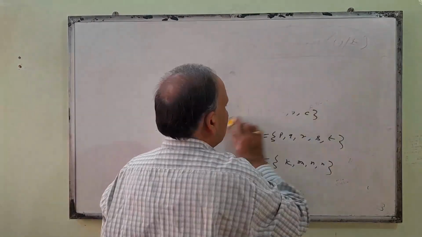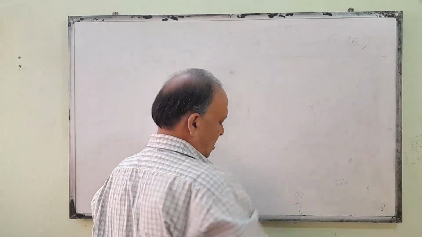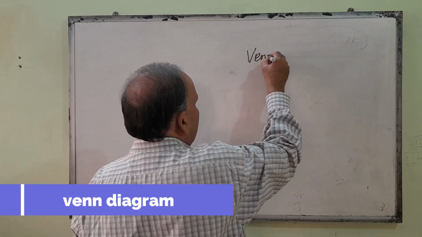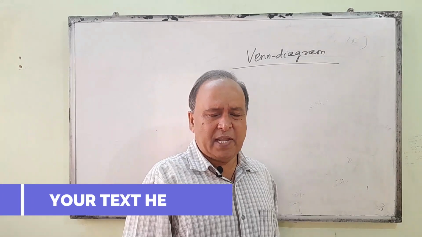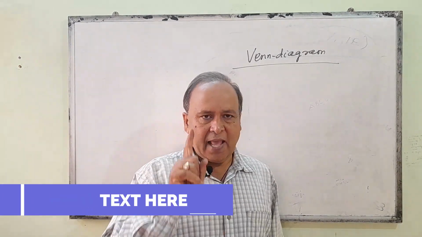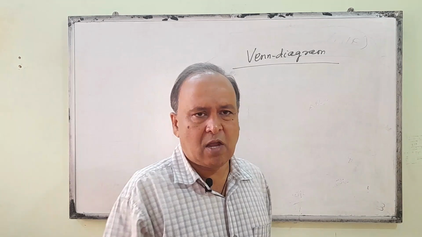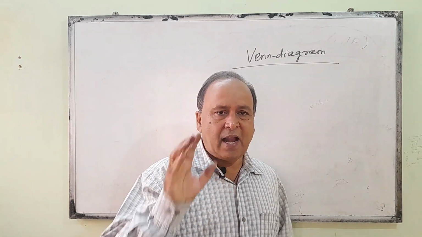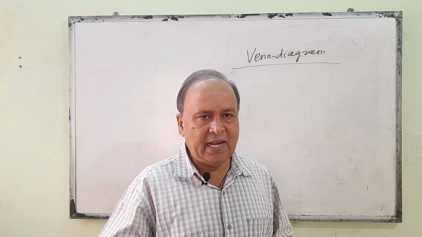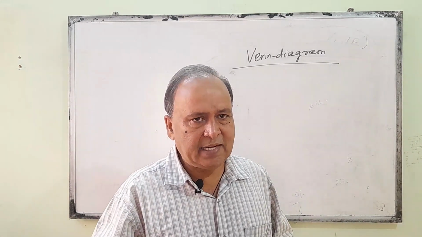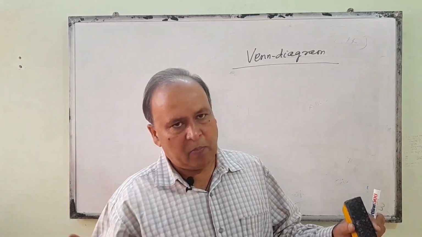Next, after universal set, we consider what is a Venn diagram. What is a Venn diagram? The diagrammatic representation of sets, subsets, universal sets, set operations.